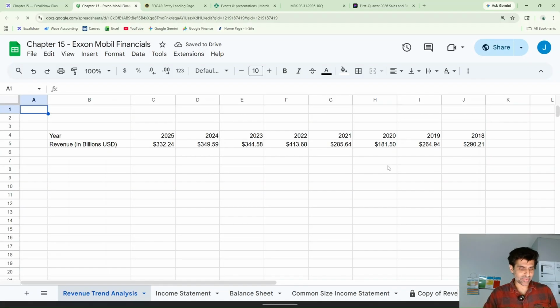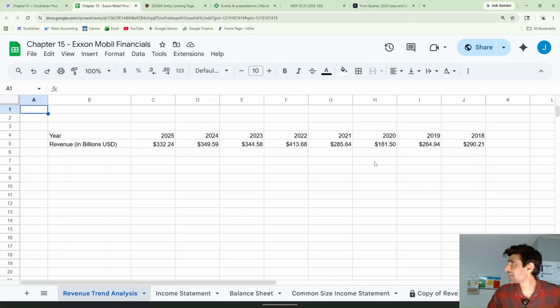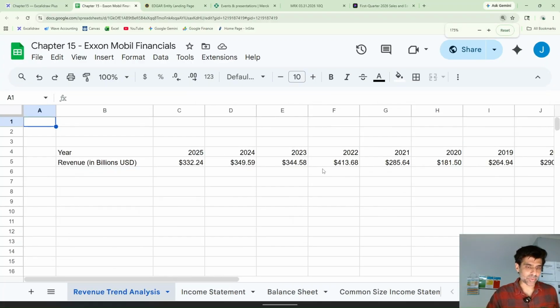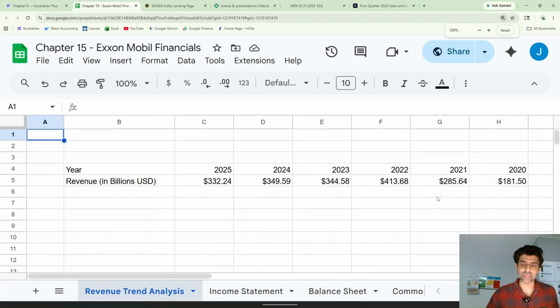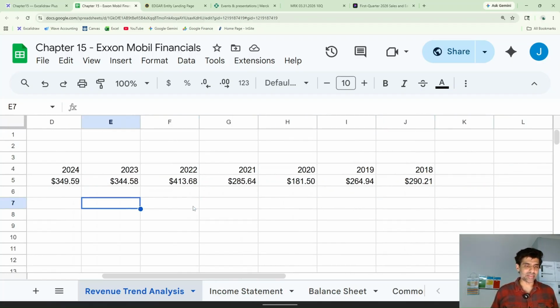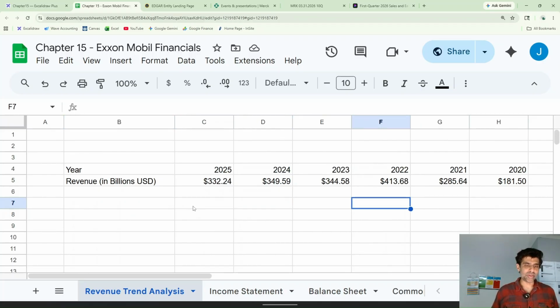So I have a set of financial data here, and we'll talk about the different types of analyses. We had vertical and horizontal. So this is the revenue. I think this is Exxon. I think I just took the revenue.